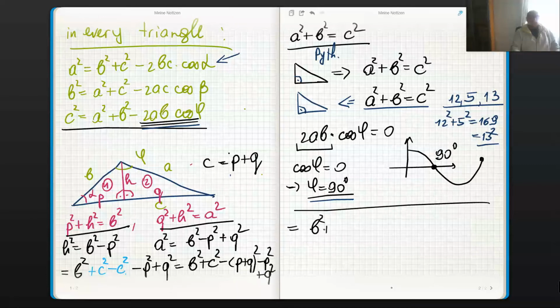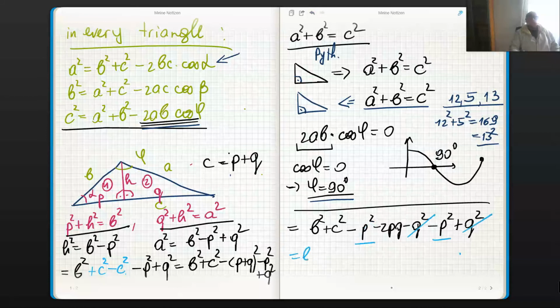So we have b squared plus c squared. Now we use the binomial formulas. It's p squared plus 2pq plus q squared, minus p squared, plus q squared. And now, make sure we have minus, so we changed the signs everywhere. So minus p squared, and those two are canceling.